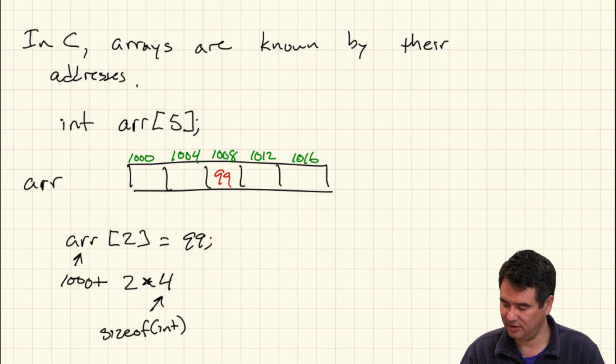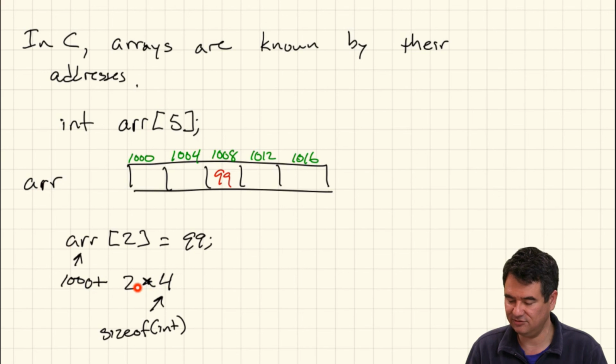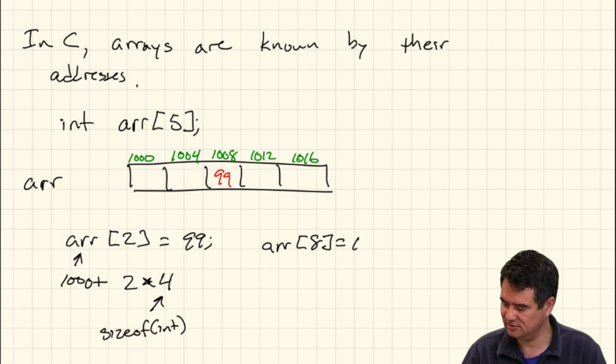Okay, that's how array indexing works. It's actually behind the scenes just doing this calculation. So let's say we go ARR bracket 8 is equal to 101. Well, it does the same thing. 1,000 plus 8 times 4, which is 1032.